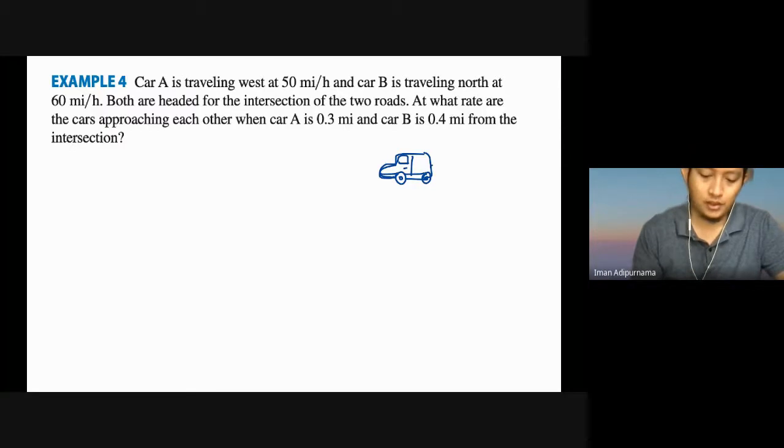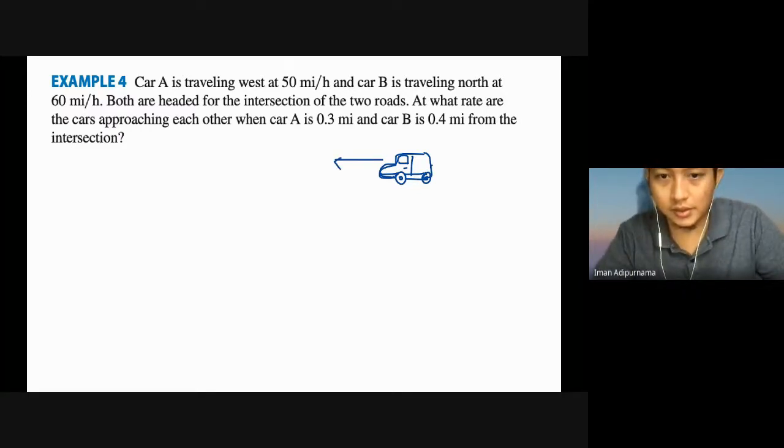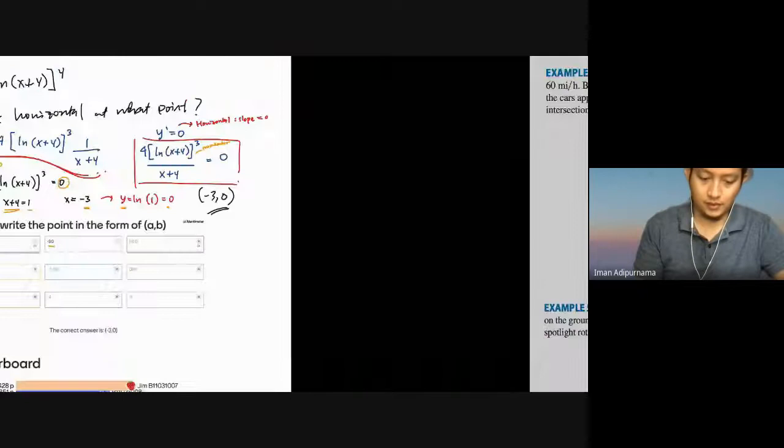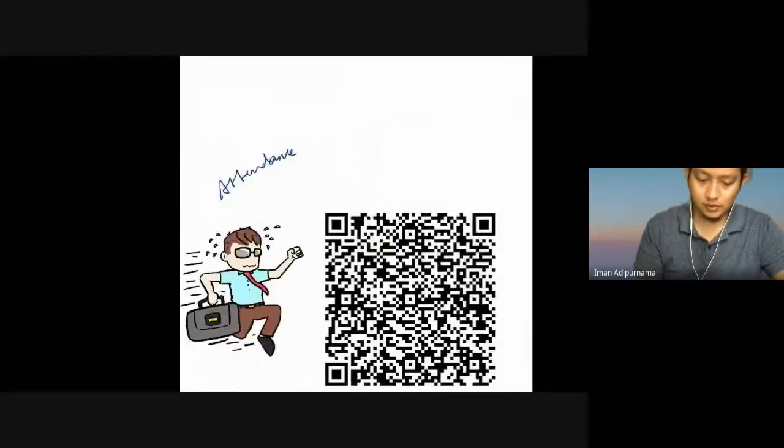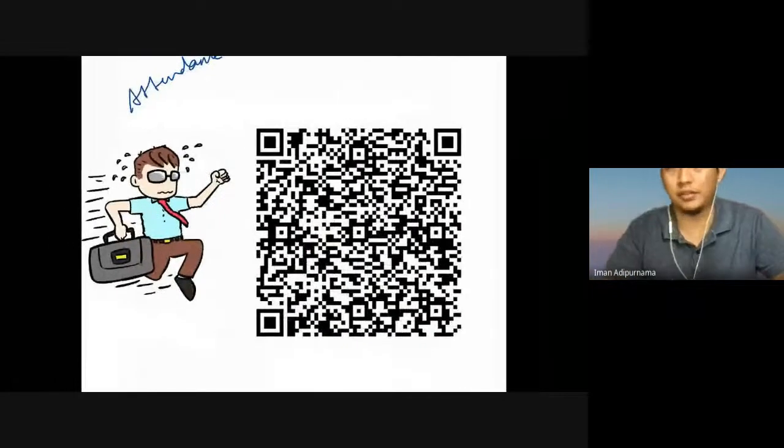Okay, traveling west. Oh, wait. Here. Okay, this is the QR code.